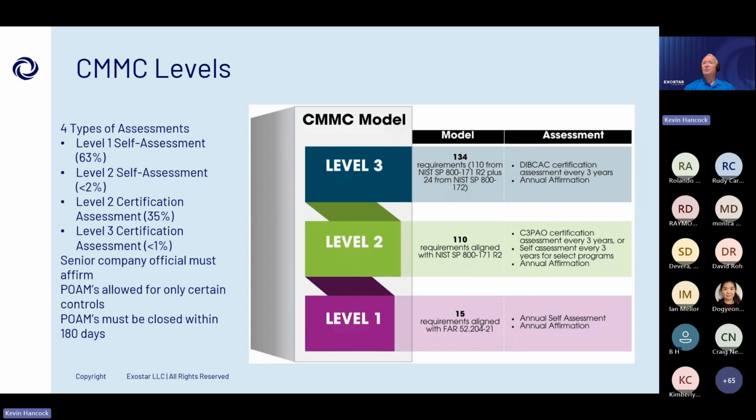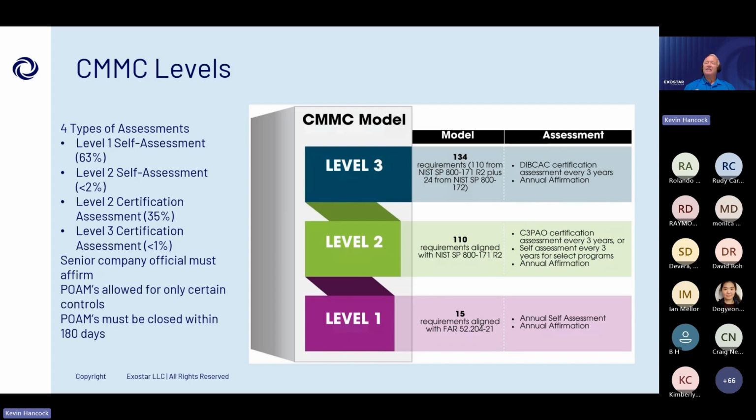Now, level 2 does have a small portion of organizations or contracts underneath it which will allow a self-assessment, but that's going to be a per contract choice of the contracting officer. You're not going to be able to request a waiver. You're not going to be able to ask that this contract be let under self-assessment.